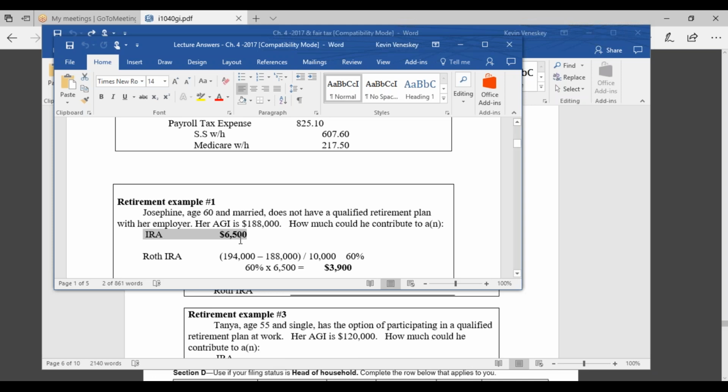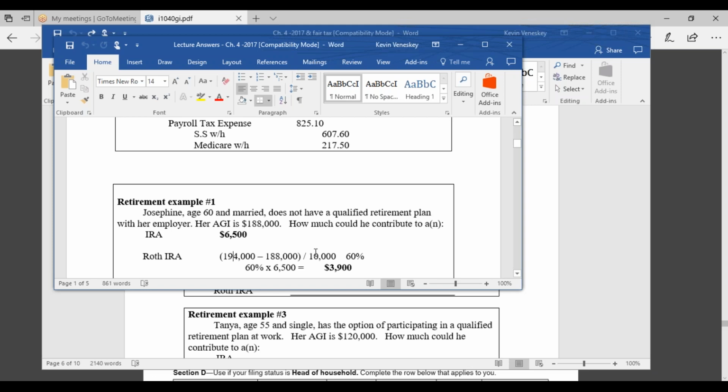Now, remember, that 6,500 pales in comparison to how much you can put away potentially with a 401k. If your employer has a 401k, you could put up to 18,000 away, where here you're only allowed to put away 6,500. With a simple plan, you're at least allowed to put away 12,500, whereas here only 6,500. So quite a bit of a difference between the 401k and this.